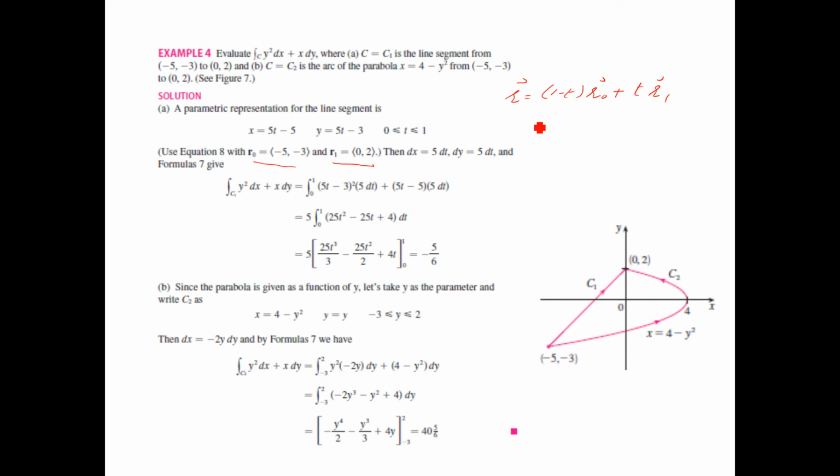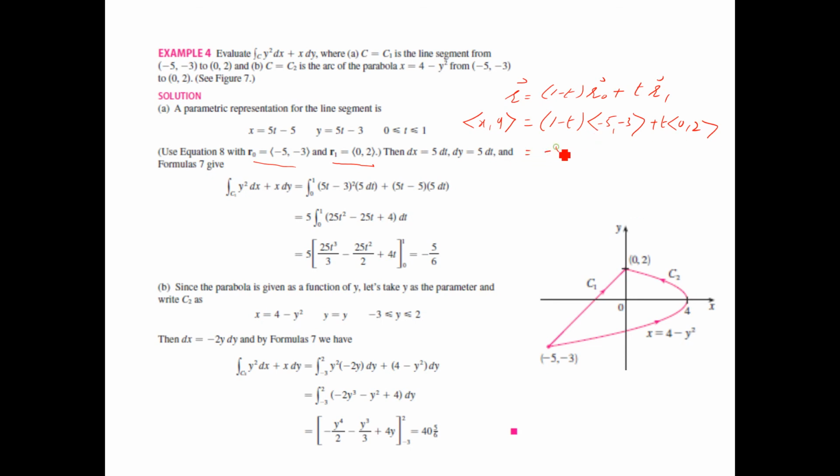Just plug in all the values. This r is actually the x y vector, the position vector of any point (x, y). So (1 minus t), this is a scalar, times r naught (-5, -3), plus t times r1 (0, 2). Okay, so let's simplify it.